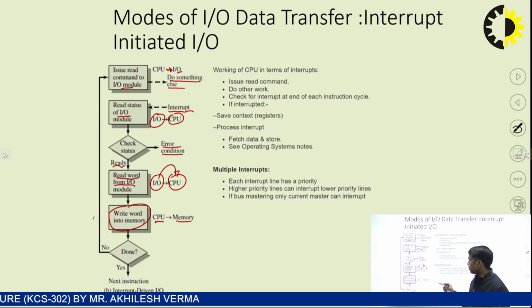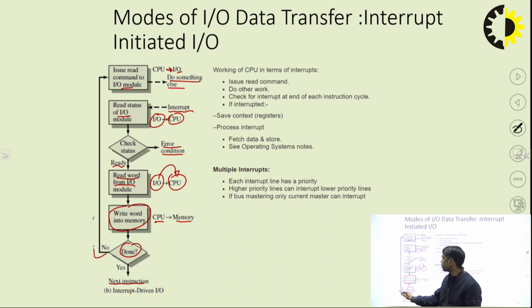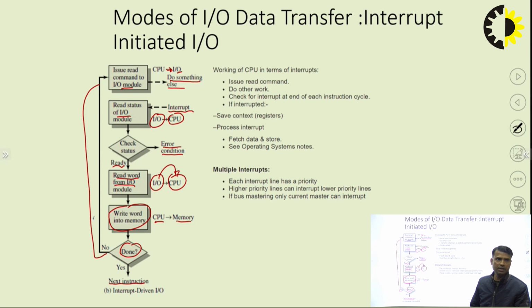This will be done byte by byte, or by the size of the volume of data that is transferred in a single unit. If the task is done, it will go to the next instruction that the CPU is executing, and if the task is not completed, it will again go to the first step and issue a read command to the I/O module, since the data is still not received, and the same cycle goes on again and again.